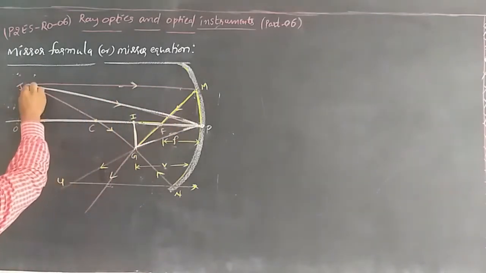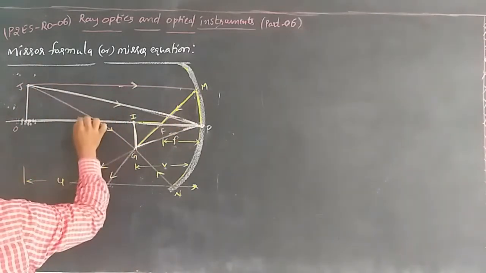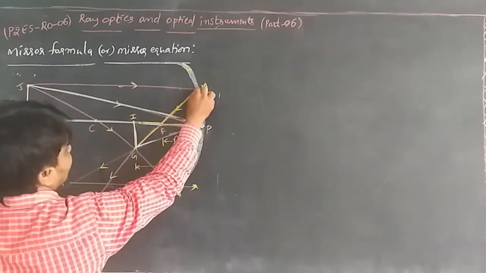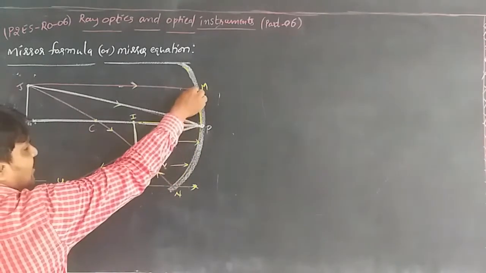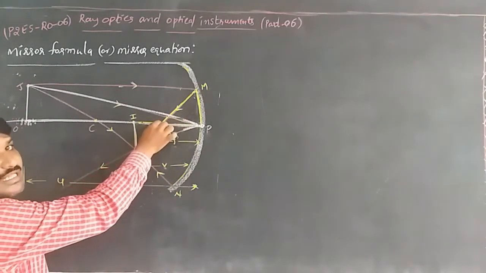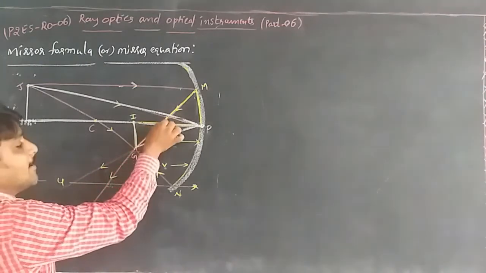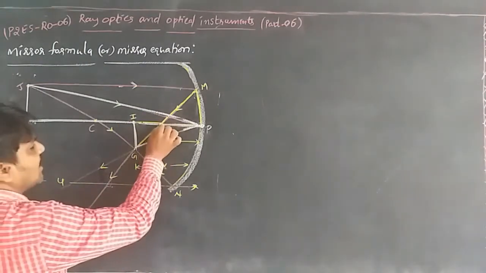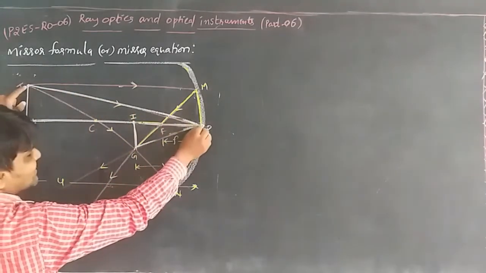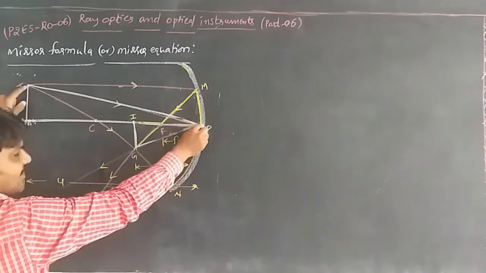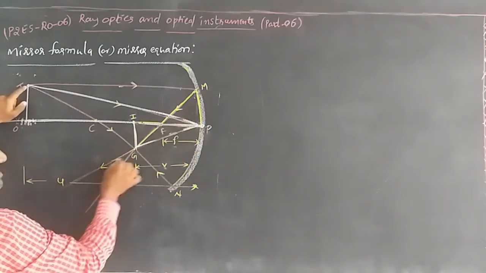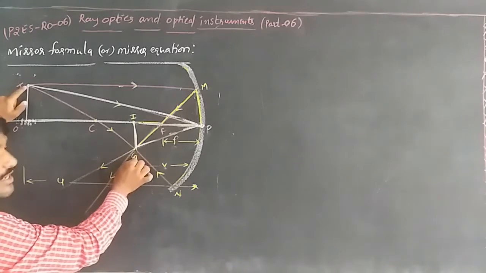The first ray, parallel to the principal axis, goes from J and is incident on the mirror at point M, and is reflected through the principal focus F on the principal axis. Another ray is incident at the pole and is reflected in the direction of point G.